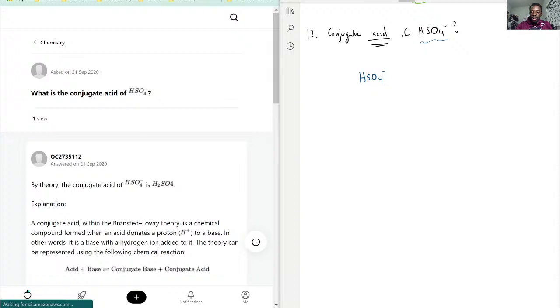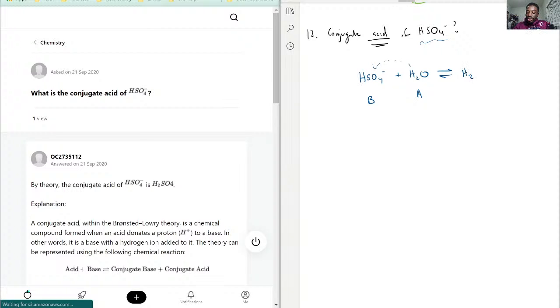So we have HSO4 minus plus H2O. Okay. The reason I write it like this is because right now it's asking for the conjugate acid. So this is our base, and this is our acid in this case. Due to the rules of Bronsted-Lowry acids and bases, water is going to donate a proton to HSO4 minus.